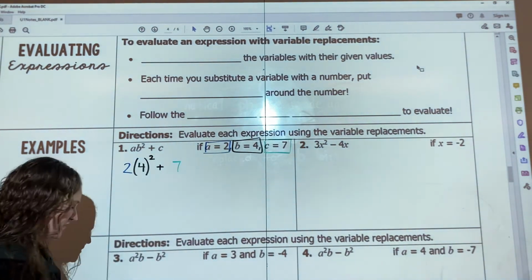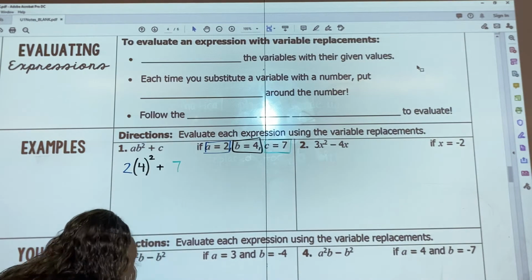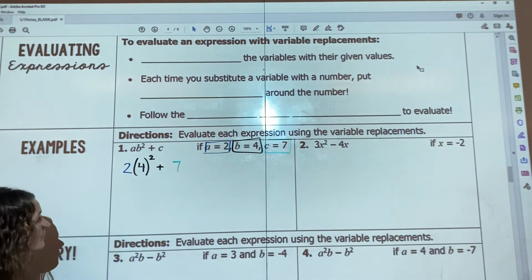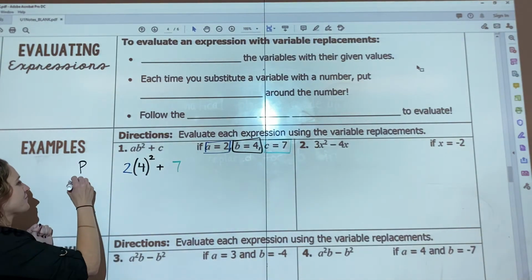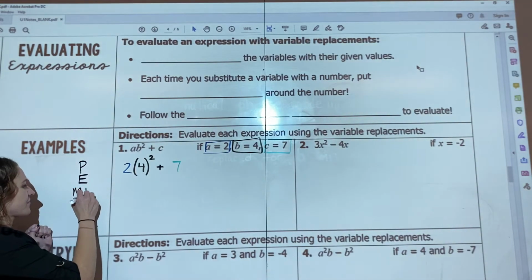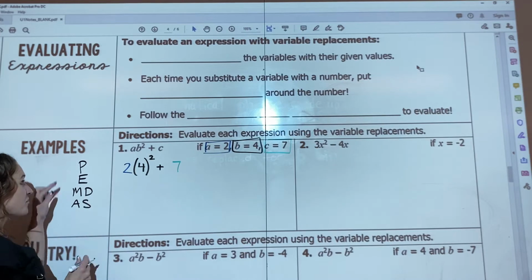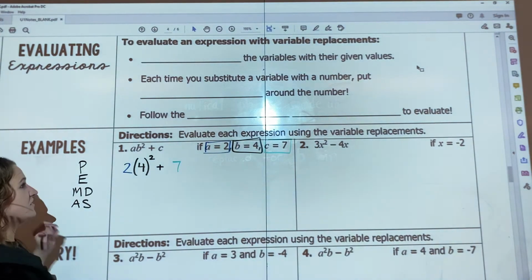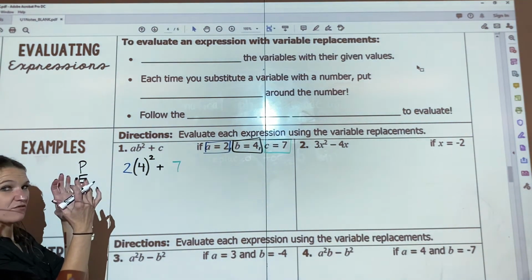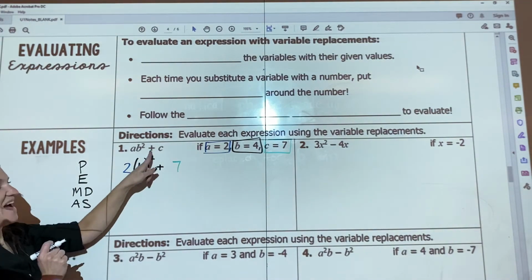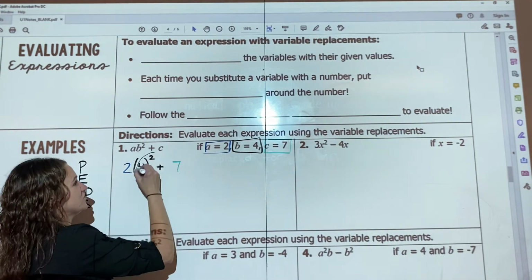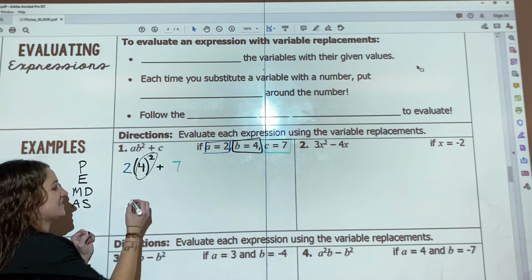All right, well now let's work through this. Now we got all our colors. If you use order of operations, remember that's PEMDAS. Parentheses comes first. These parentheses are just holding in our 4, so we can skip that. Exponents, absolutely. 4 squared is going to give me 16.